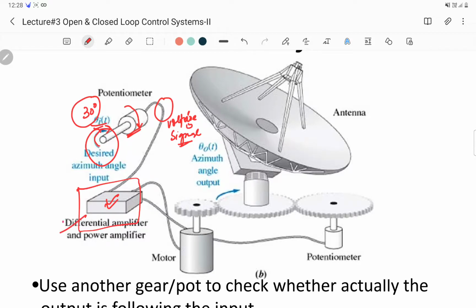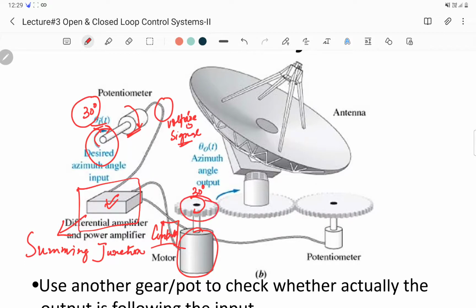The differential amplifier here is nothing but a summing point or a summing junction. The output of this summing junction goes to a controller, and the controller rotates the motor by the same angle, say for example 30 degrees.